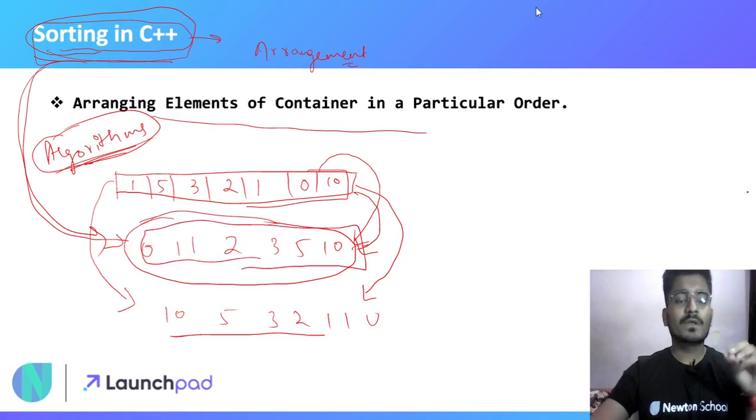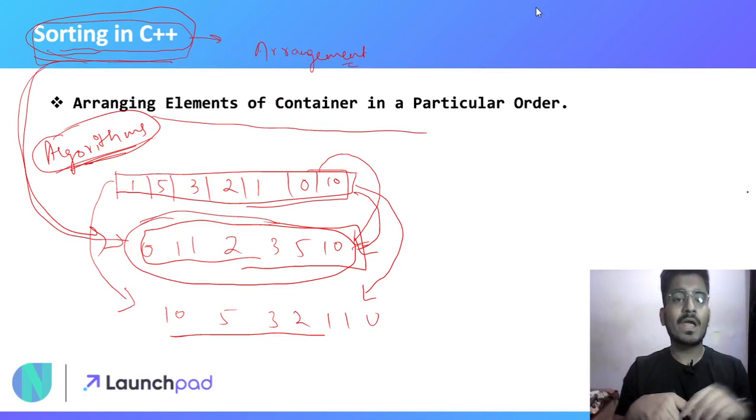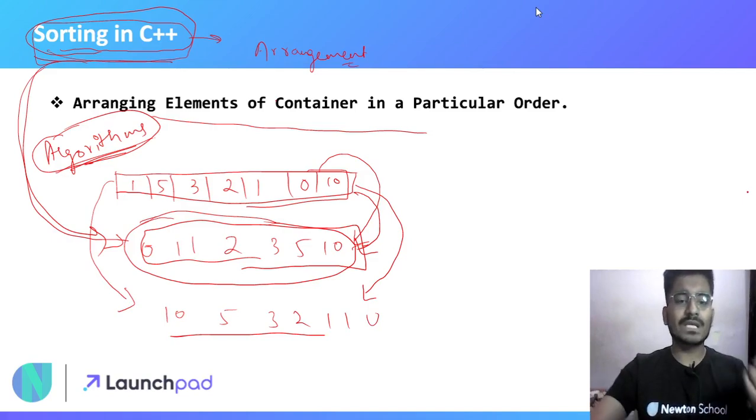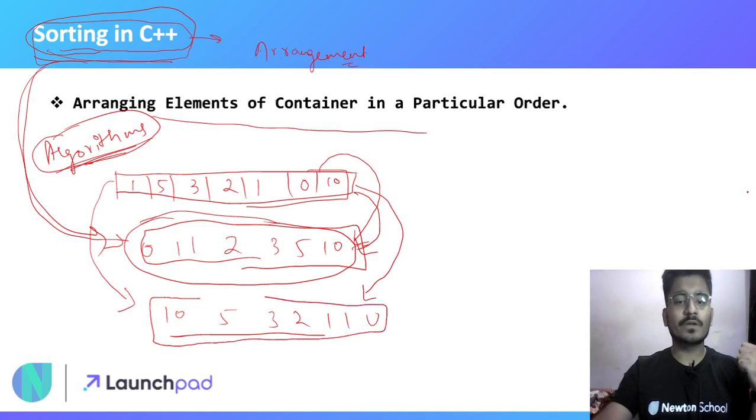That means we have a particular method, and we can simply modify that algorithm a little bit to make it suitable for sorting elements in descending order or any other order.